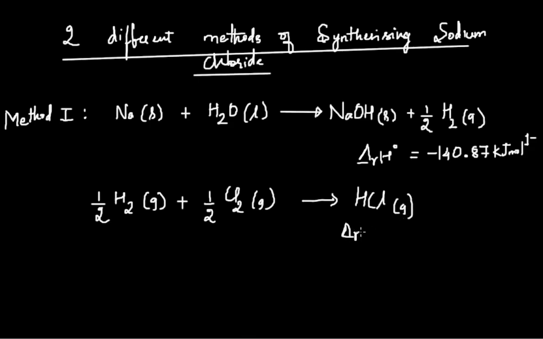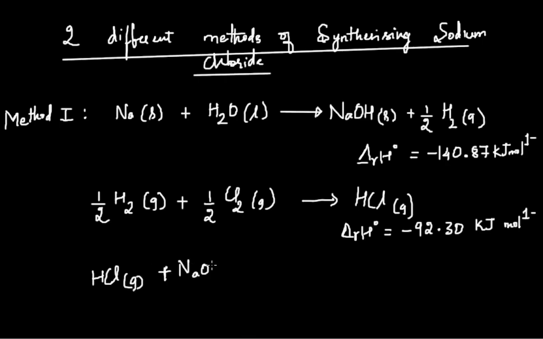Its reaction enthalpy is minus 92.30 kilojoules per mole. The last reaction you need to create NaCl is HCl reacting with sodium hydroxide to give NaCl.